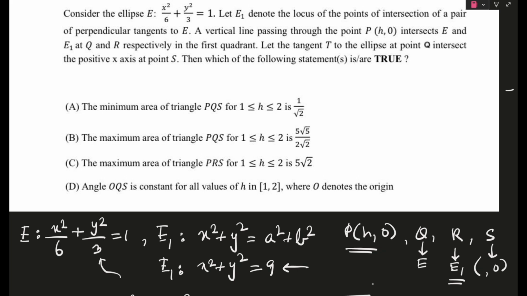So one very positive thing is that in all our options, we have to evaluate everything in the interval 1 to 2. So we have to find out minimum area and maximum area of triangle PQS, maximum area of triangle PRS, and angle OQS, whether it is constant or not. So guys, let's find out the extremum values. I guess that will be okay. We will get the maximum and minimum value there.